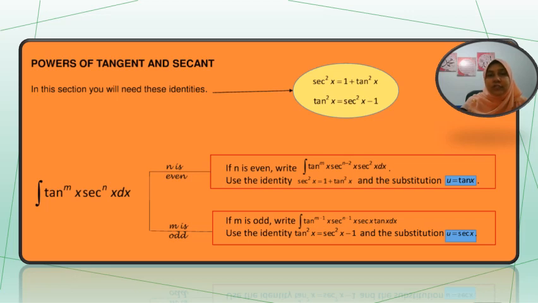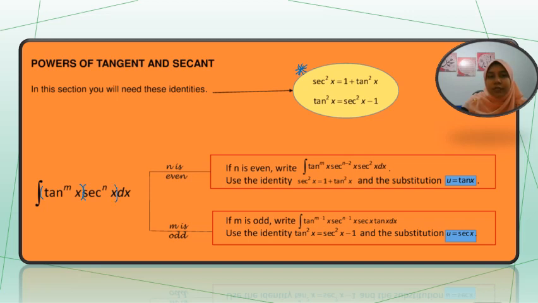You have to know this trigonometric identity in terms of secant and tangent. So secant x square equal to 1 plus tangent x square. Okay, so we look at these techniques. The integration of tangent x to the power of m times secant x to the power of n.